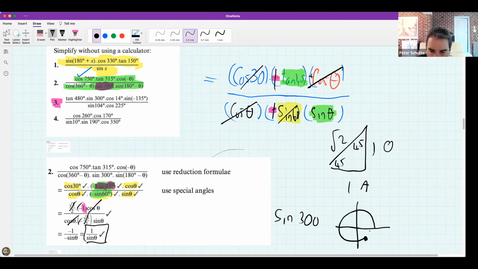Now, is sine positive or negative in that quadrant? It is negative. Okay, awesome. Now, I want to know, how far is 300 from the nearest horizontal? What's the nearest horizontal? 60. Yeah, got it. Can you see now why it's minus sine 60? Yes, thank you, sir. Pleasure.